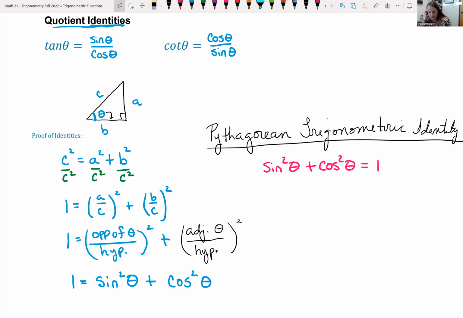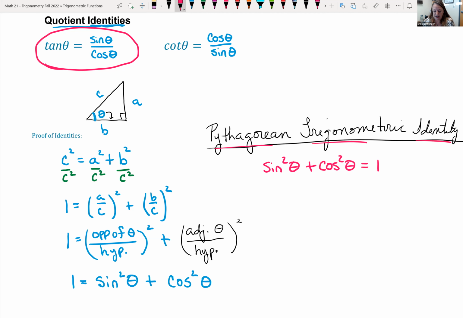Before I do that, though, I want to go back up, apologize, and show that, at least, tangent theta is the same thing as sine theta over cosine theta. And then I will derive those 2 other Pythagorean trigonometric identities. So tangent theta, recall that tangent theta was opposite of theta.